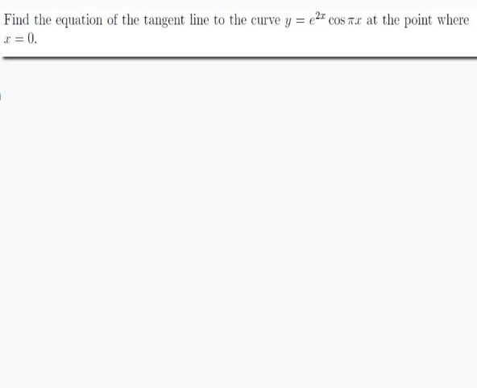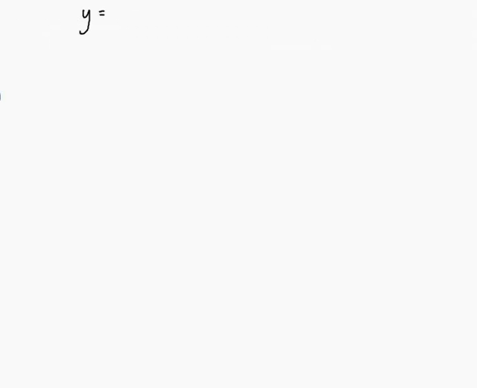So let's try and do that analytically. So I have y equals e to the 2x cos pi x. Now my tangent is going to pass through the same point as the point on the curve, and it's going to have the same slope at that point too. So let's just find the point. At x equals 0, y equals e to the 2 times 0 cos pi times 0.